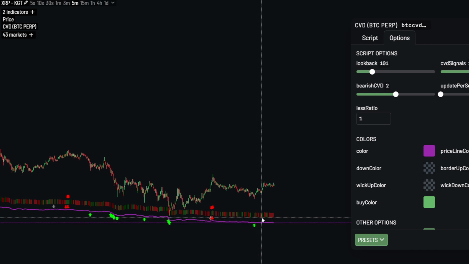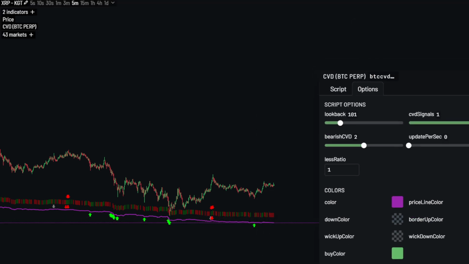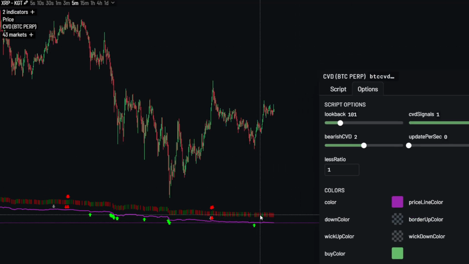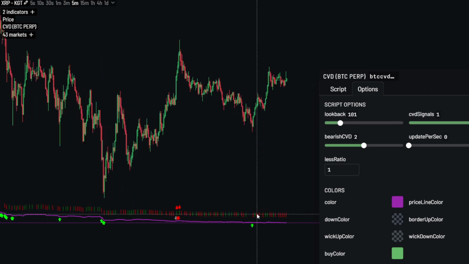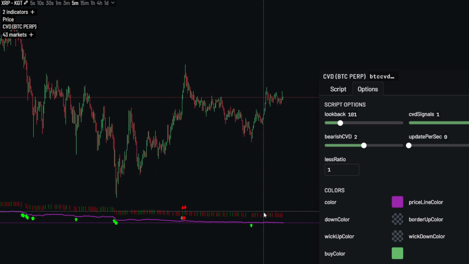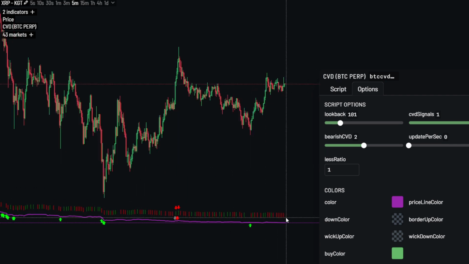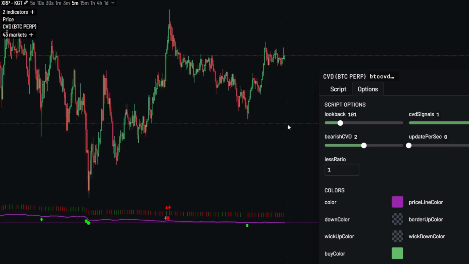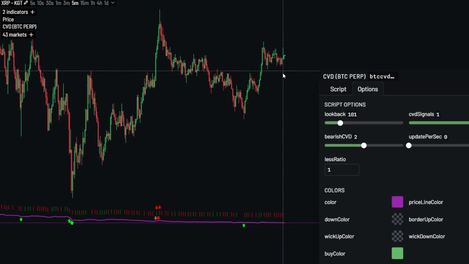We see a lot of red CVDs or a lot of sellers coming in this area, even knowing that we went up, because the buyers were accumulated somewhere here. But right now, we are looking at several red signals, which is not really nice to see.